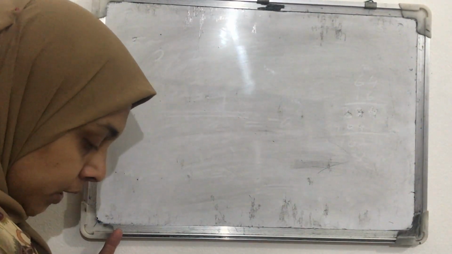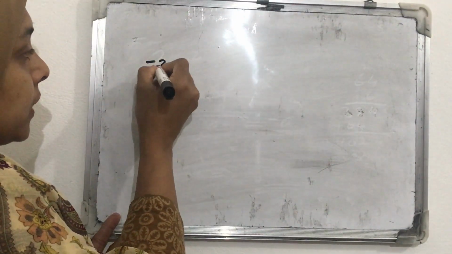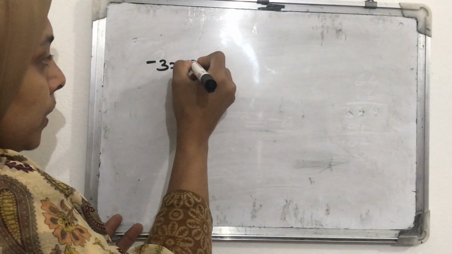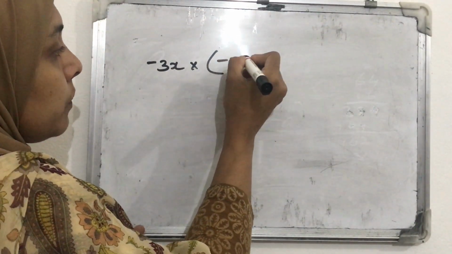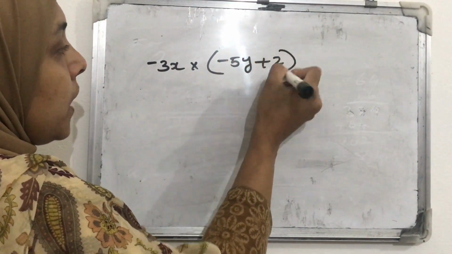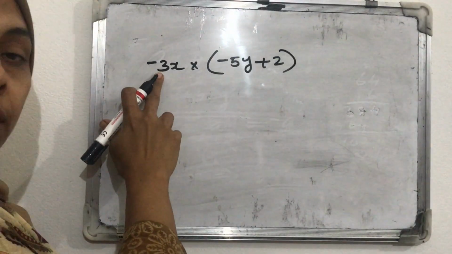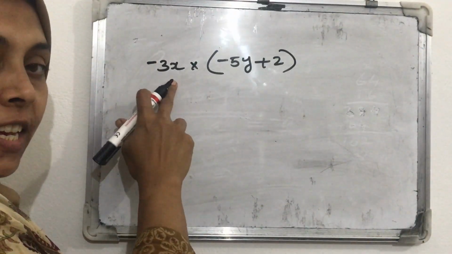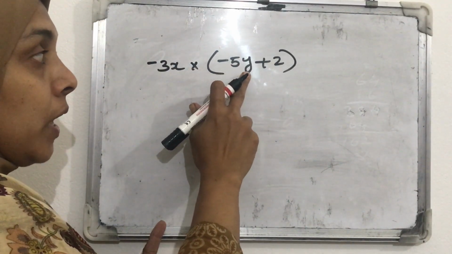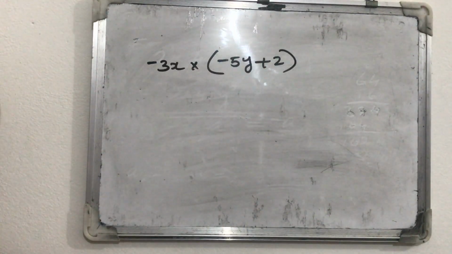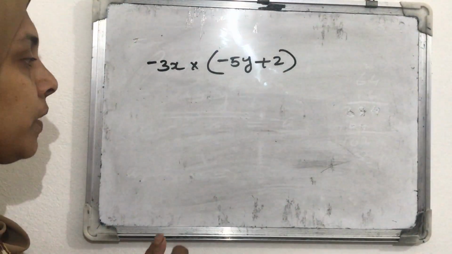Okay, so one question is given: minus 3x into minus 5y plus 2. For multiplying this, here one expression is minus 3x, that is a monomial. Then the next algebraic expression is minus 5y plus 2, it is a binomial. So how can we multiply this? This is also very simple.